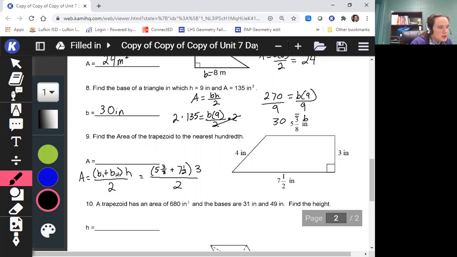Now remember that 5 3/8 is equal to 5.375, and that 7 1/2 is the same as 7.5.